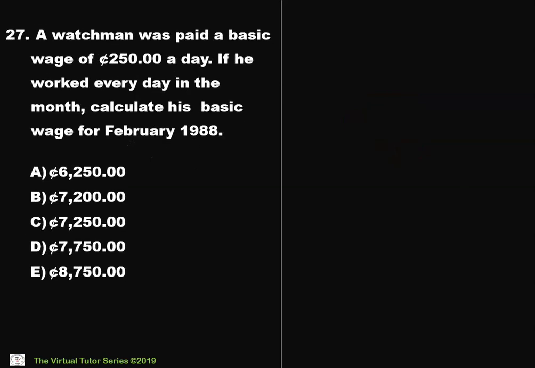Question 27. A watchman was paid a basic wage of 250 cedis a day. If he worked every day in the month, calculate his basic wage for February 1988. Solution.